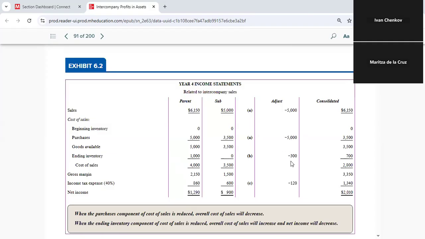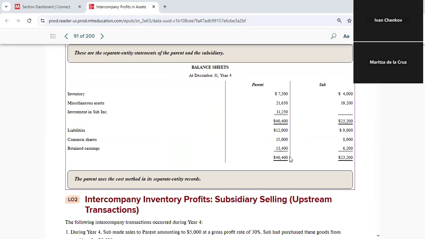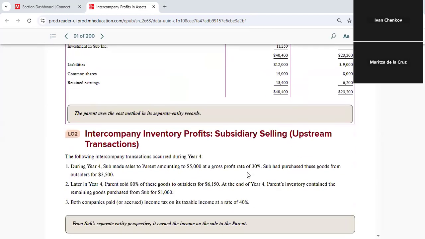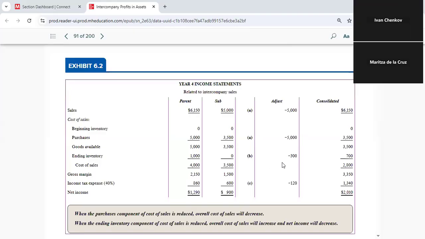And on that 1,000 we have to make the adjustment for the 300, because we're working with the 30% gross profit rate. So we eliminated the 30% gross profit rate, and we come to the actual ending balance amount, which was at the time of the purchase.